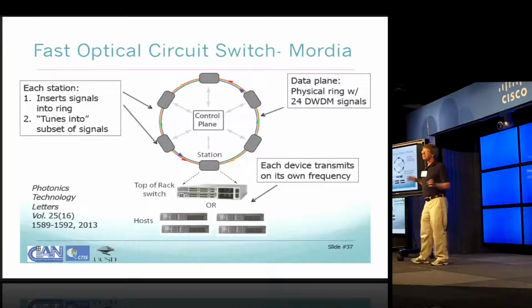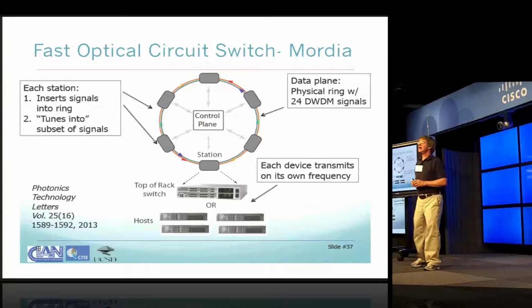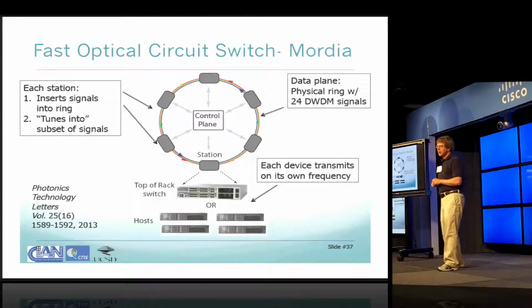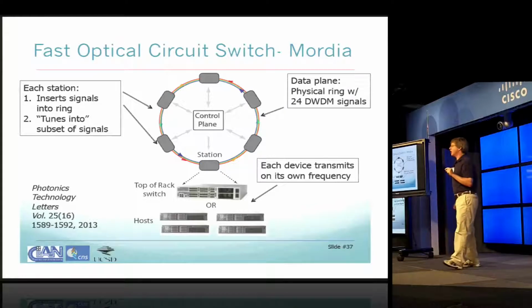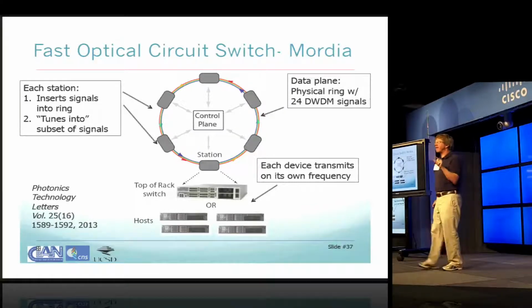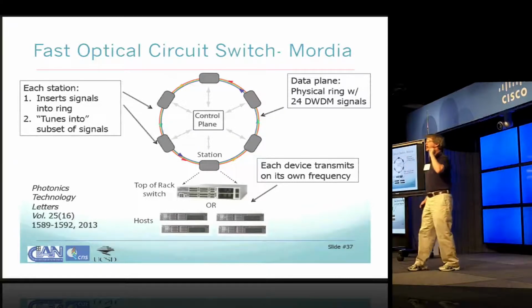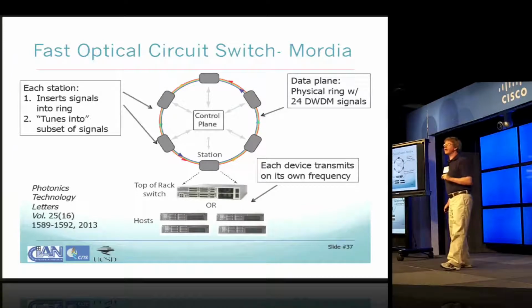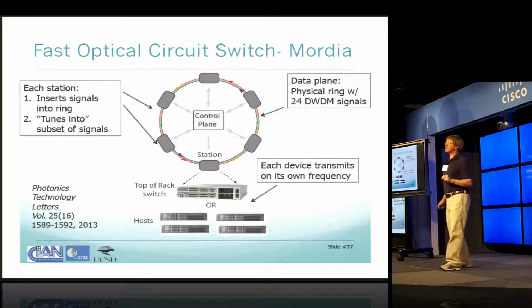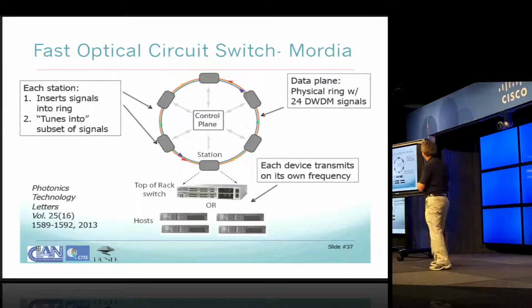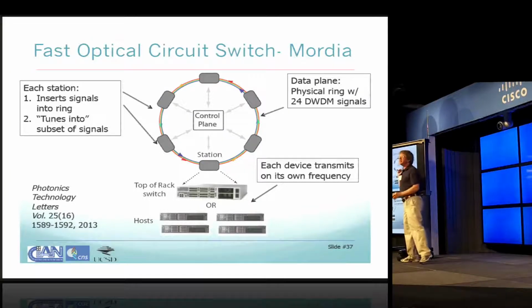It's a ring. So it's a ring-based topology. It's broadcast and select. The broadcast for every single end host is one wavelength. So in this configuration, there are 24 end hosts. Each end host has a unique wavelength. All 24 wavelengths are in that ring. All 24 wavelengths get dropped to every single one of 6 nodes.